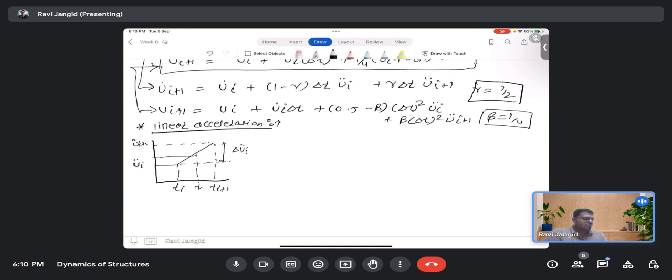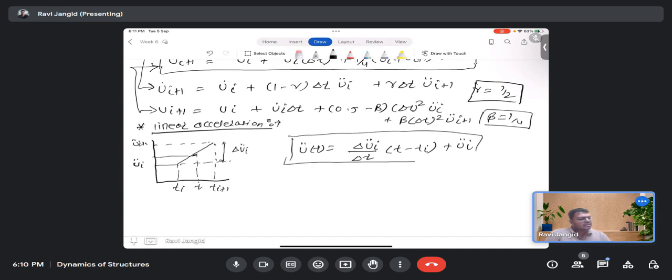u double dot i. So this equation can be written in terms of t: u double dot t can be written as delta u double dot i divided by delta t into t minus t i plus u double dot i, the equation of this line, where delta t, as we have discussed earlier, is t i+1 minus t i.